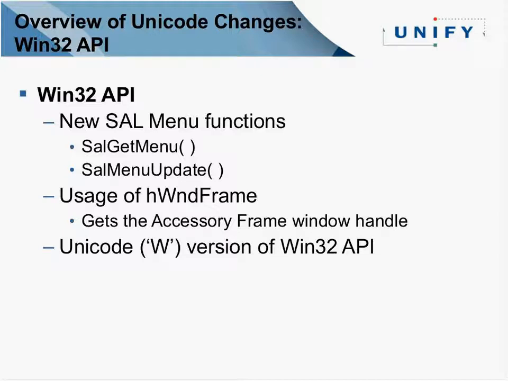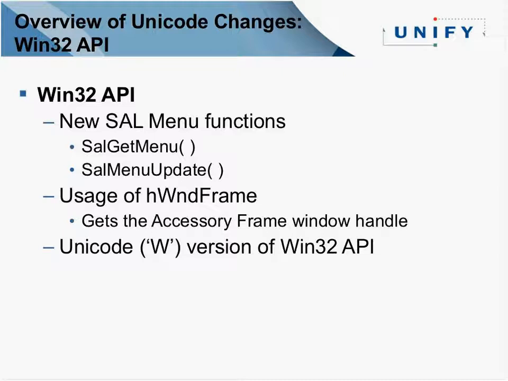And there are also new SOL functions that you should use if you're creating and manipulating menus using Windows 32 APIs. So if your application uses Windows 32 APIs to create a menu, to delete and insert items and pictures into those menus, there are two new SOL functions that you have to be aware of.